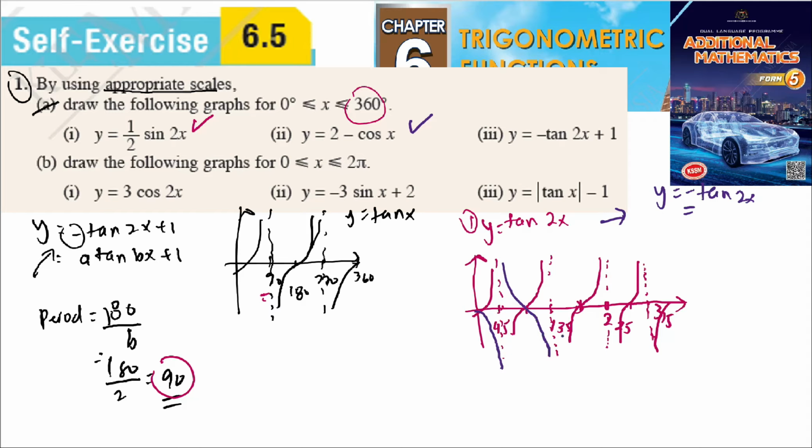So here is the opposite, this one is going down, this one is going up. So this one is y is equal to negative tangent 2x.